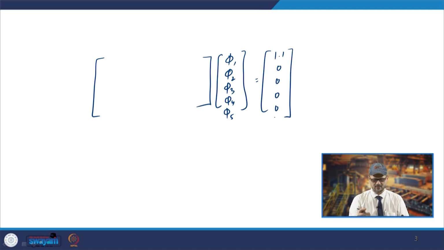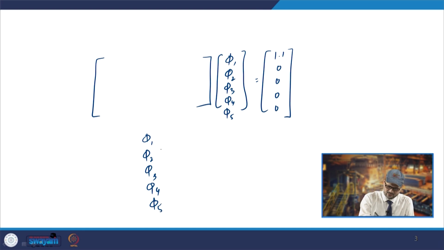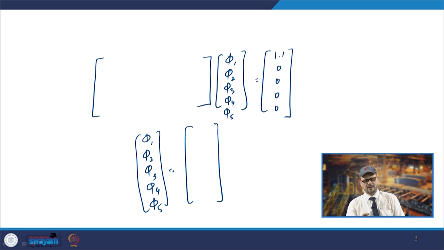Accordingly you have to get the solution of phi 1, phi 2, phi 3, phi 4 and phi 5, which is computed, and you get the values using the central differencing scheme.